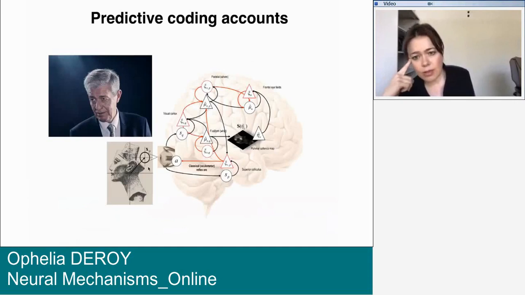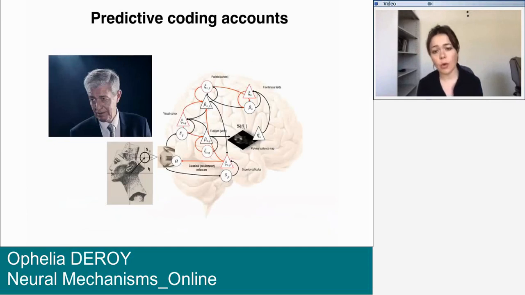And I want to start with a brief and probably too brief summary of what predictive coding accounts are and why they matter for the issue of cognitive penetration. If you wanted to go into details, you would have to look really at a series of papers which have followed a very important publication in 1999 by Ballard and colleagues, showing that even the lower sensory areas, visual areas, for instance, as early as V1, are actually receiving top-down influences that modulate their activity and their responses to stimuli.